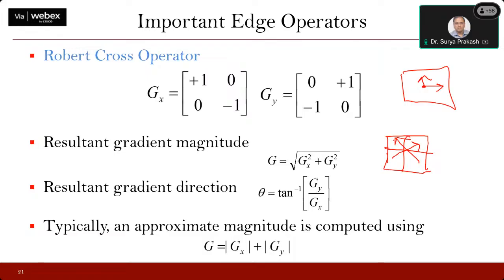So in the Roberts cross operator there are two changes. One is the size of the filter, which is now 2x2. And second, these directions are not the standard x and y directions.